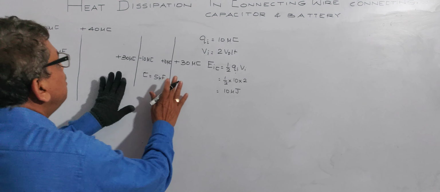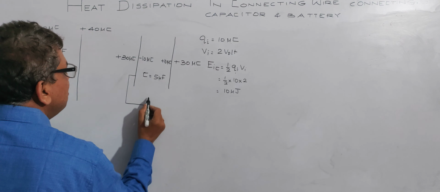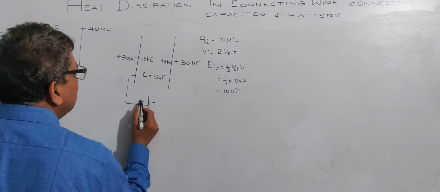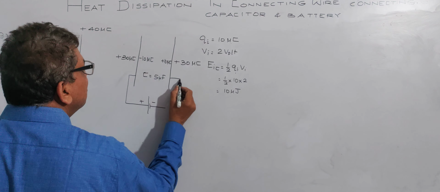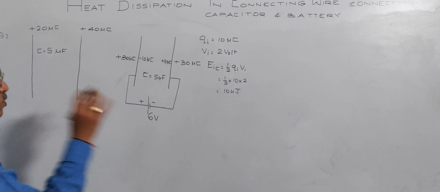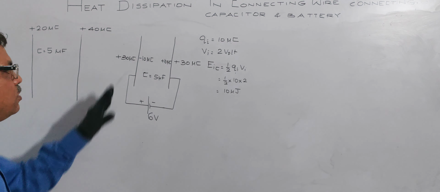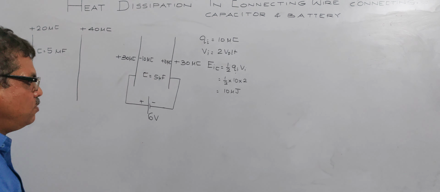Now the two plates are connected to a battery having 6 volt as the battery potential difference. Once it is connected to 6 volt, these charges will not remain like this. The redistribution of charges will take place.